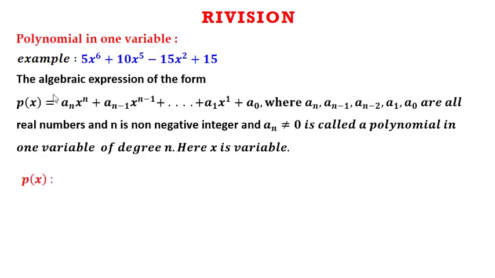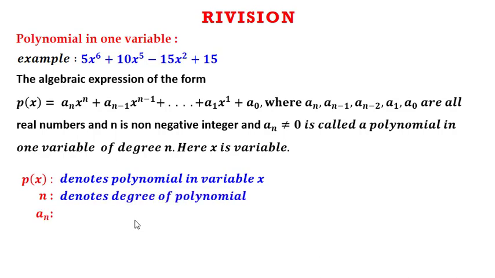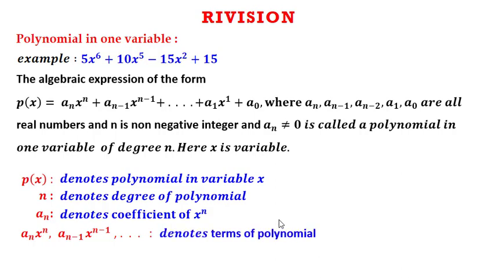Here p(x) is a symbol to denote the polynomial in variable x, n denotes the degree of the polynomial, a_n denotes the coefficient of x^n, and a_n x^n, a_(n-1) x^(n-1), a_1 x^1, a_0 etc. are the terms of the polynomial.